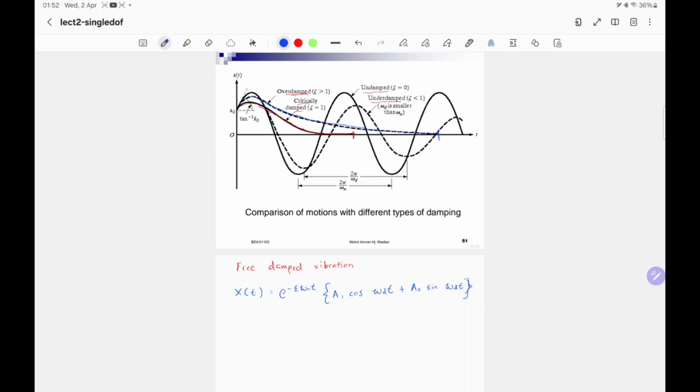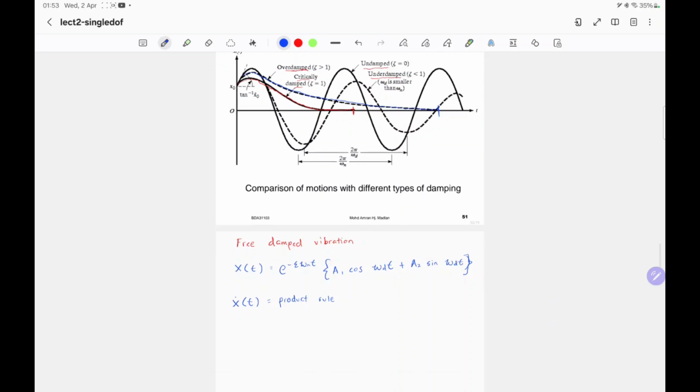To find x dot t, we need to use the product rule, because we cannot simply differentiate it without it, as it involves multiplication between this and this expression.